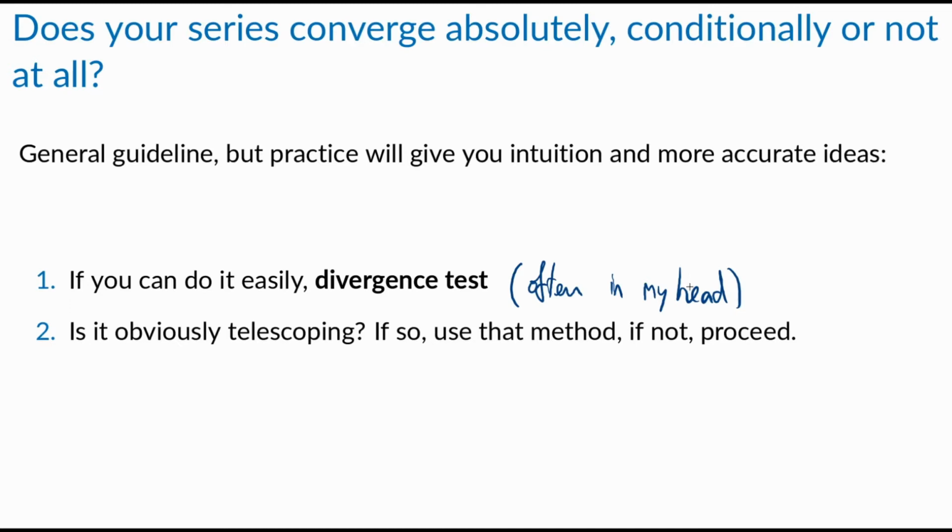Most of the time, it tells you nothing. But when it tells you something, you win. Then the next question is, is the series obviously a telescoping series? If it's obviously telescoping, you're in business. If it's not obviously telescoping, it may still be telescoping. But if you don't see it right away, just proceed forward anyway.